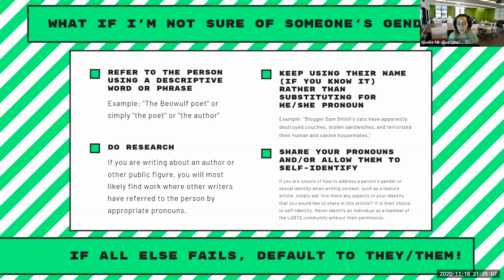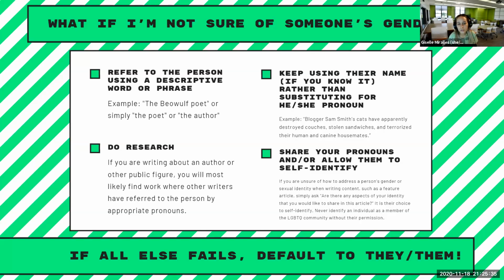Another place where you might not know someone's gender is on a discussion board. So this could be on Canvas or it could be other discussion boards that you participate in your everyday life. So Reddit, whatever it may be. Maybe you don't know that person's gender. That's another situation. You could also be writing about someone you don't know personally whose name is not really clearly associated with a particular gender.